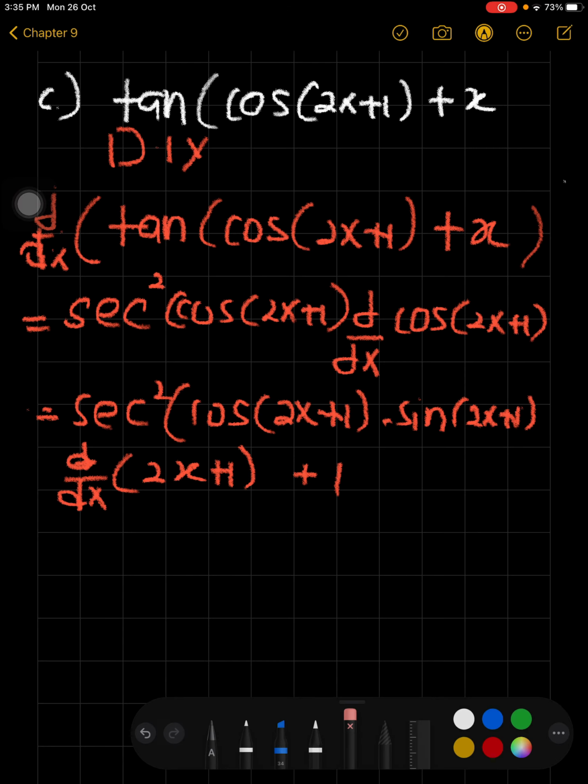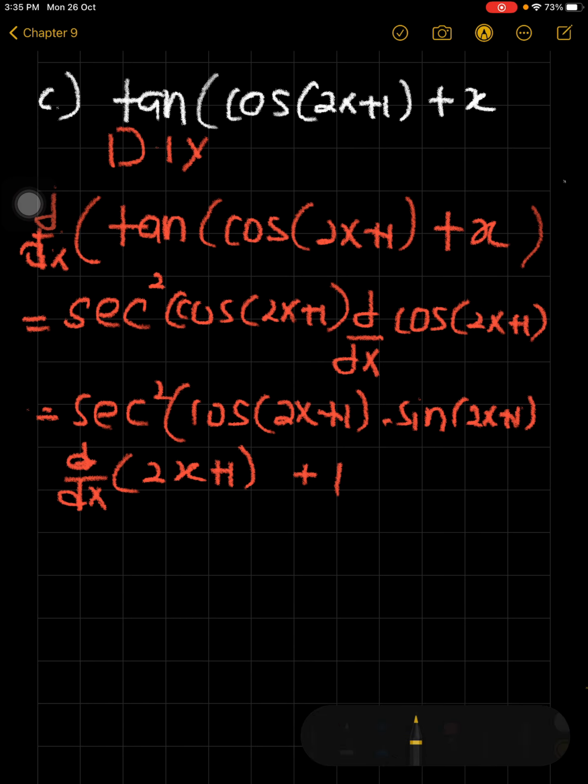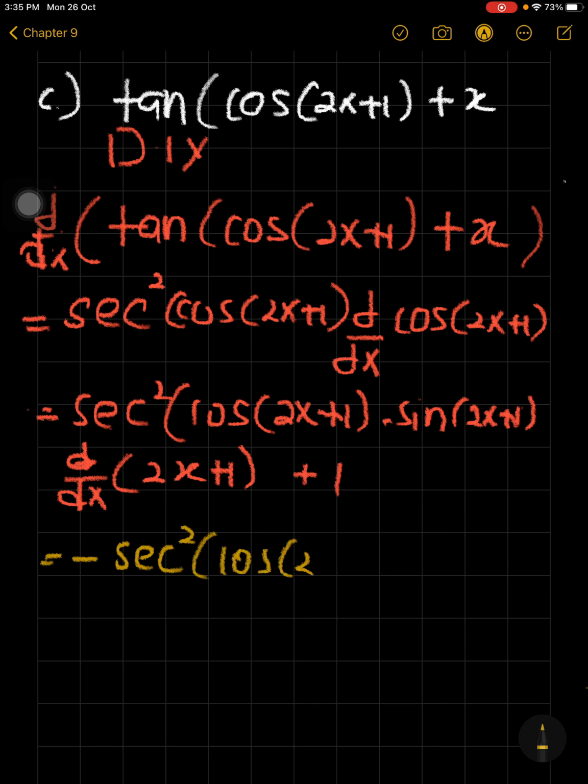So you punya final you adalah negatif secant square cos 2x plus 1 sin, yang ni lupa Madam nak tulis 2, bila differentiate boleh lalu 2 kat sini, 2 sin 2x plus 1 plus 1 ni. Okay, done.